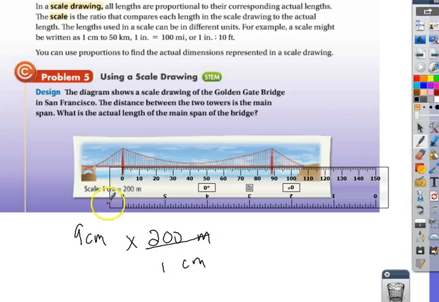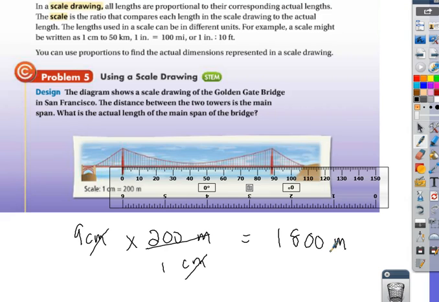So we can just use the scale factor right there. The centimeters will cancel out, and that bridge is 1,800 meters across from pole to pole. So that's just another application of scale that is very relevant to a lot of different areas.